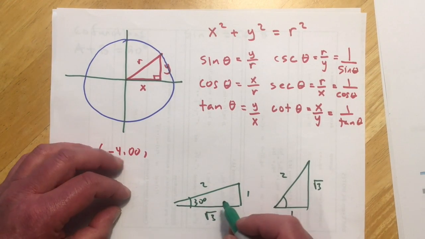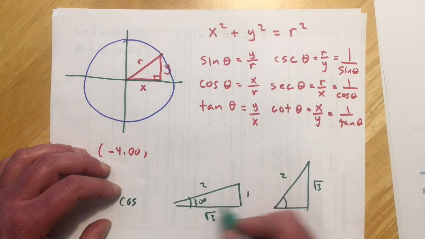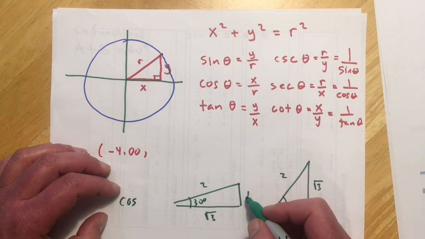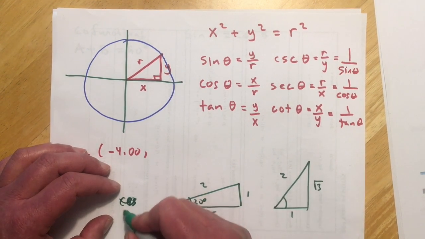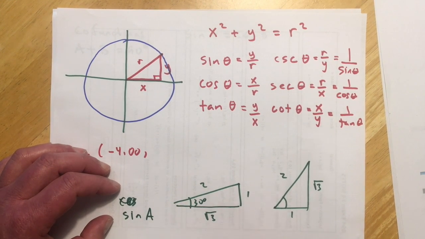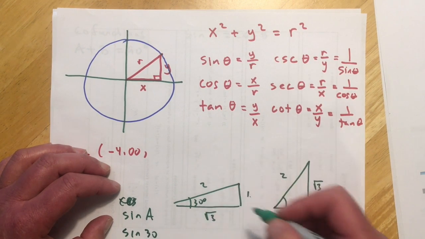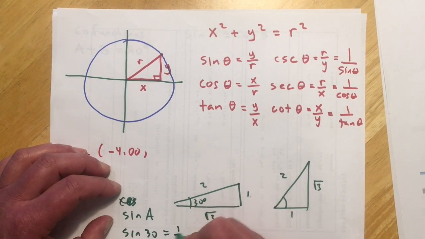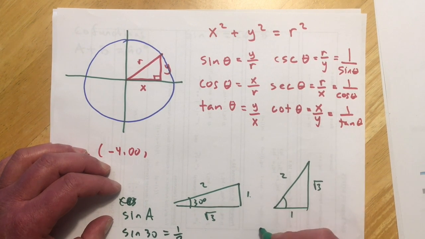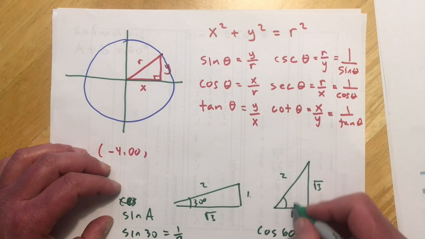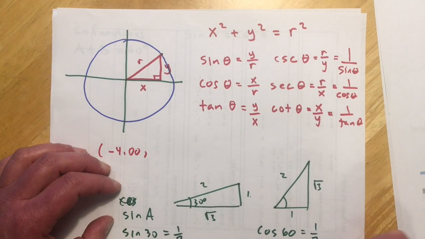And so if I go sine of this one just so it's in the order that I just wrote. So if I say sine of 30, that is going to be y over r, which is 1/2. So over here, if I go cosine of 60, because 30 and 60 make 90, it's going to be x over r, which is still 1/2.